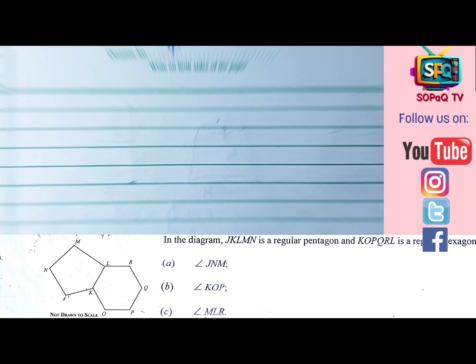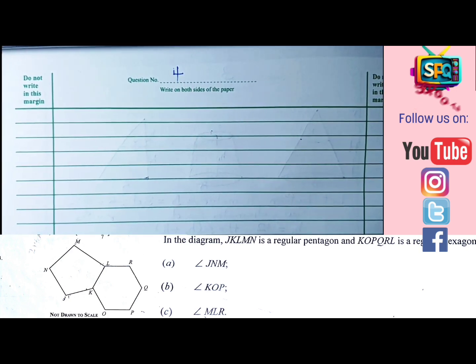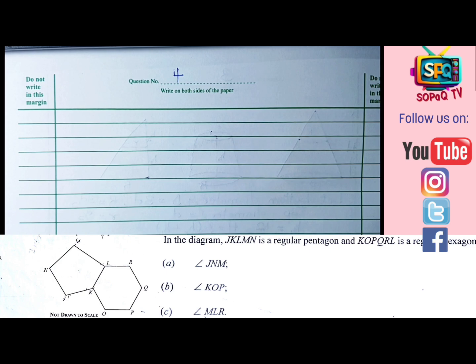Question number 4. In the diagram, JKLMN is a regular pentagon and KOPQRL is a regular hexagon. We have to find the angle JNM.